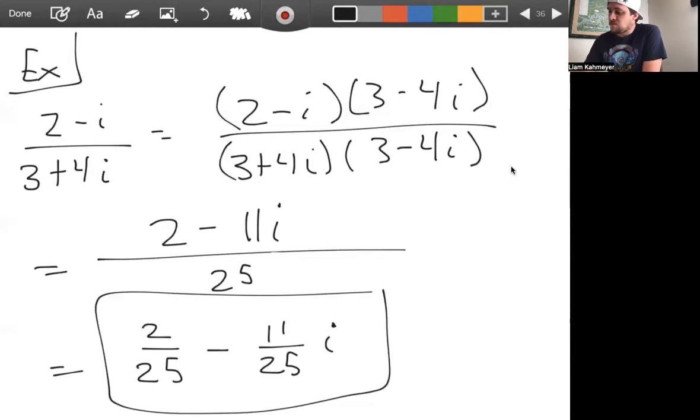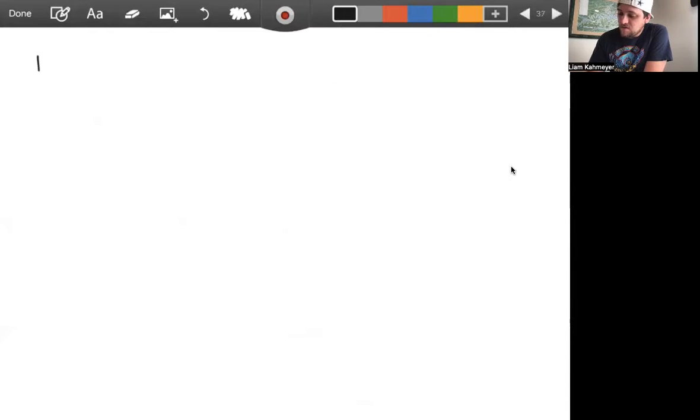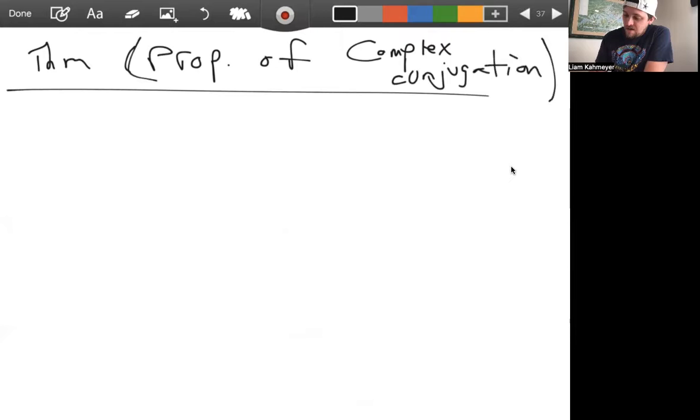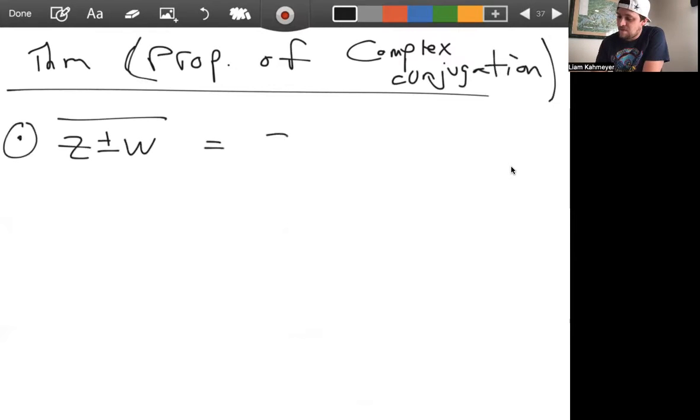So let's look at some properties of the conjugate here. So here's a theorem, properties of complex conjugation. Cool. Well, we have that if you have z plus or minus w complex numbers, and you take the conjugate of the sum or difference, that's the same as first computing the conjugate term-wise, not a vector, just a conjugate.